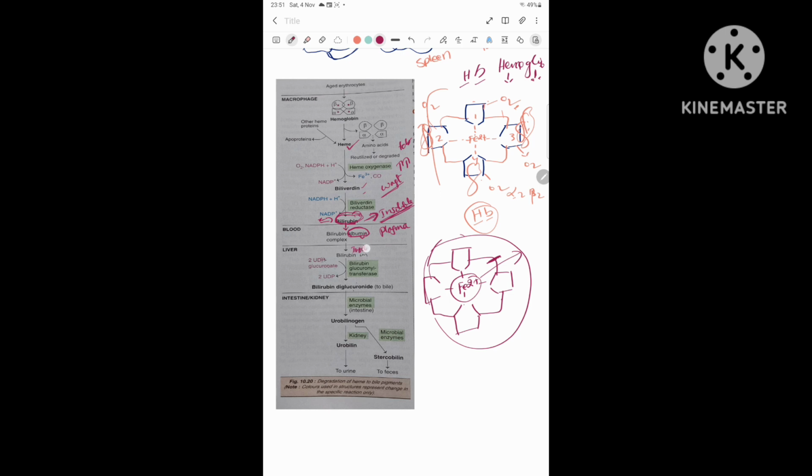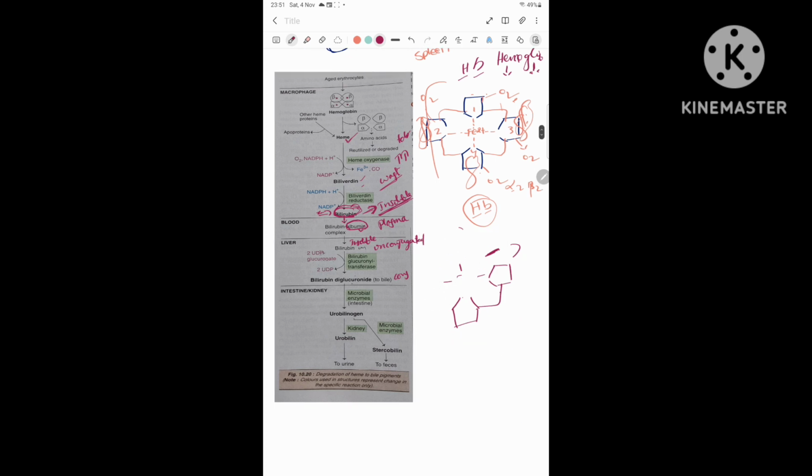Bilirubin here is insoluble, as I already told you in a previous step, which is also nothing but unconjugated bilirubin. This unconjugated bilirubin has to be converted to conjugated bilirubin. This conjugated bilirubin is nothing but soluble, so this soluble bilirubin can be excreted.